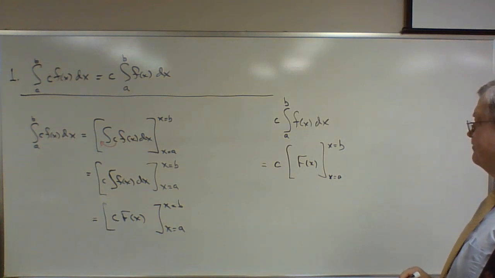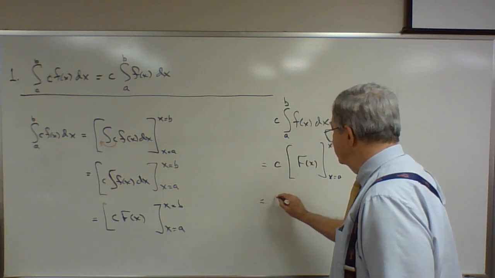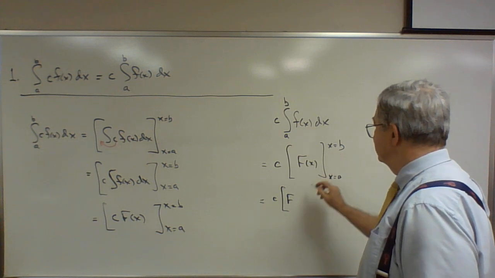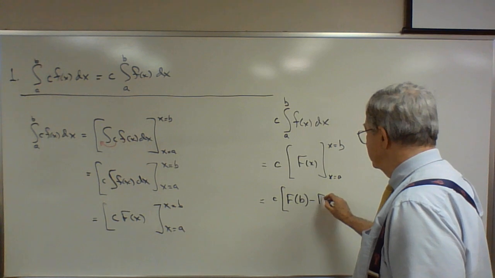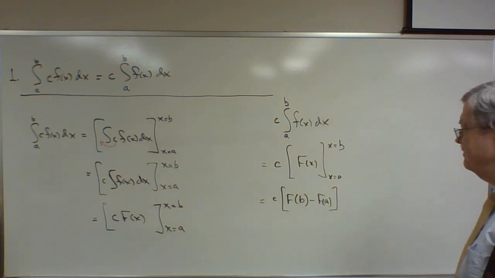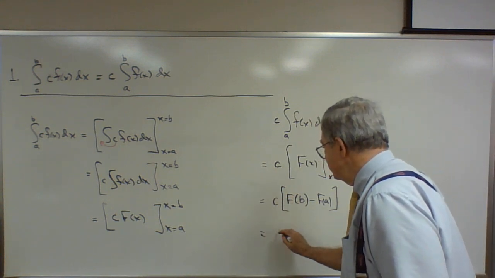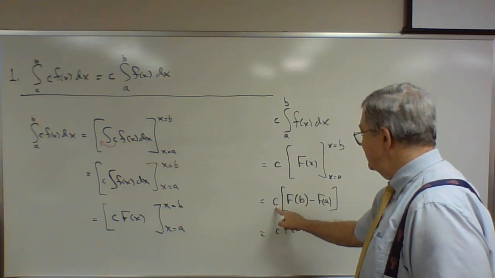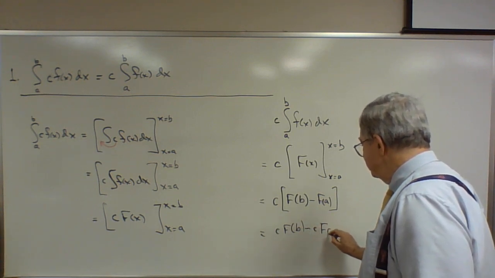And let's see what I have here. I'm going to get c times F of b minus F of a. Okay. And that's going to be c F of b. I can just take the constant and distribute it inside the parentheses, minus c F of a.